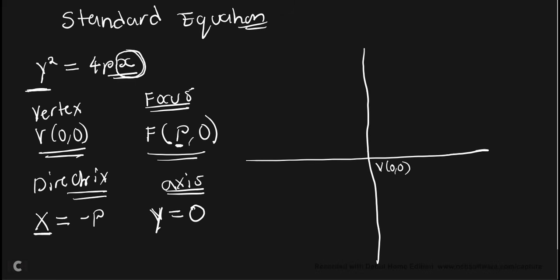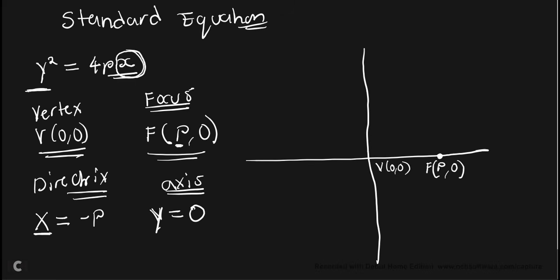So your p will be somewhere here. This is your p, and that is your focus, p, 0. And then where is your Directrix? Your Directrix is showing x equal to negative p, meaning that we have a negative p.